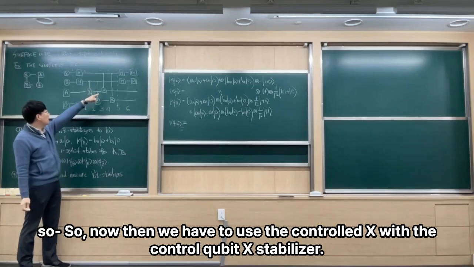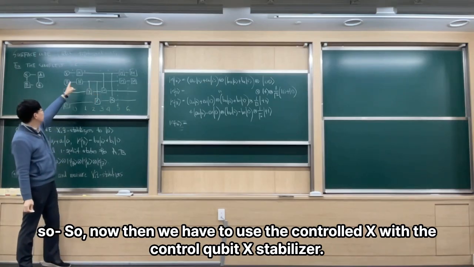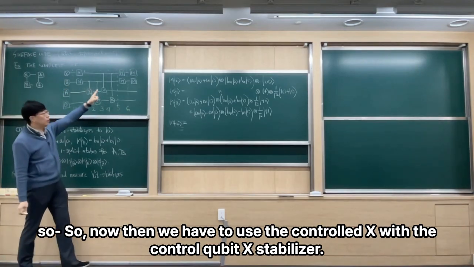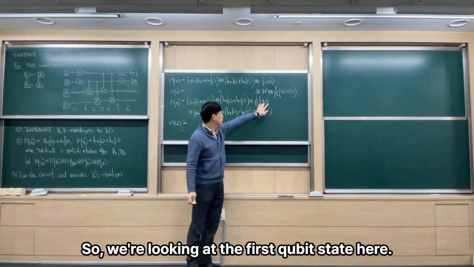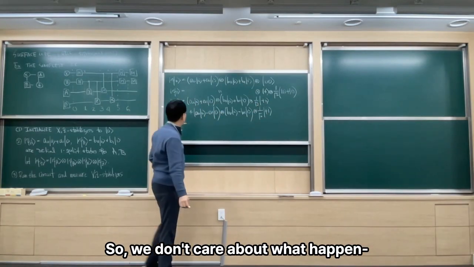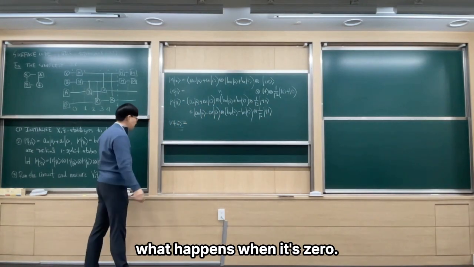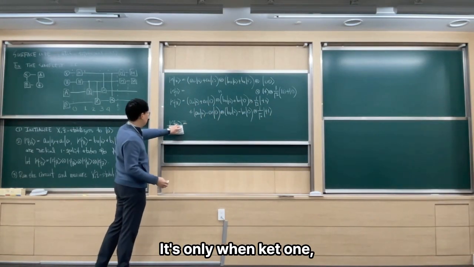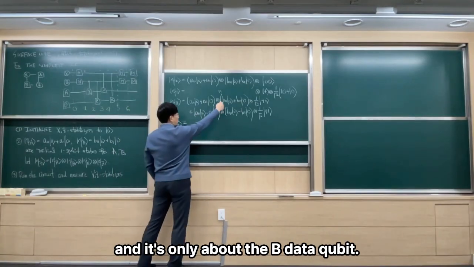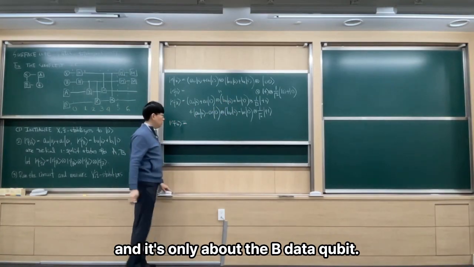So now we have to use the control X with the control qubit X stabilizer. So we're looking at the first qubit state here. So we don't care about what happens when it's 0. It's only when cat 1, and it's only about the B data qubit.